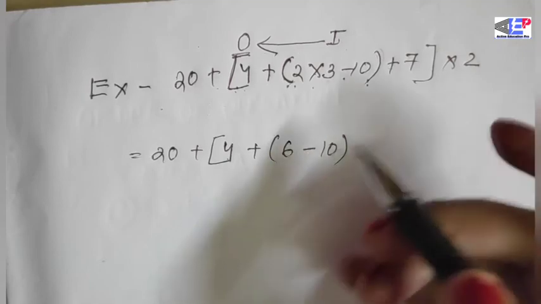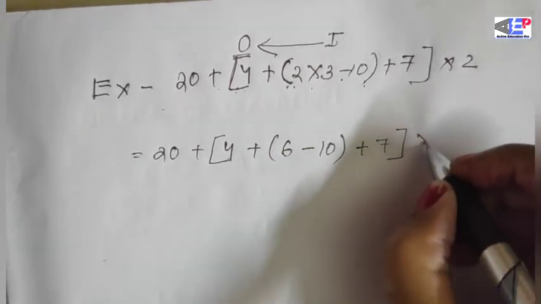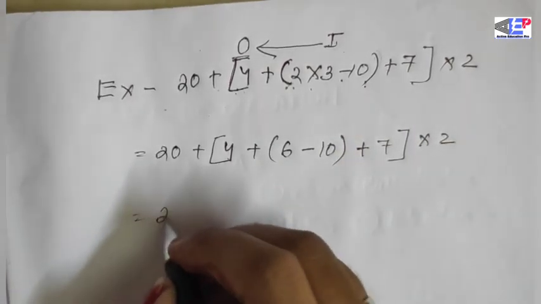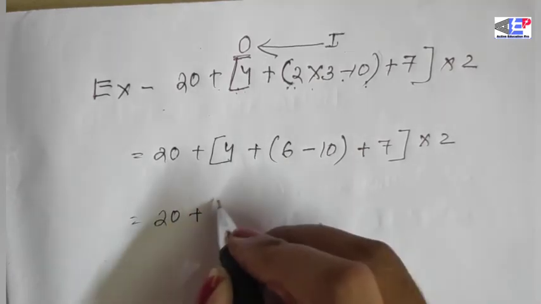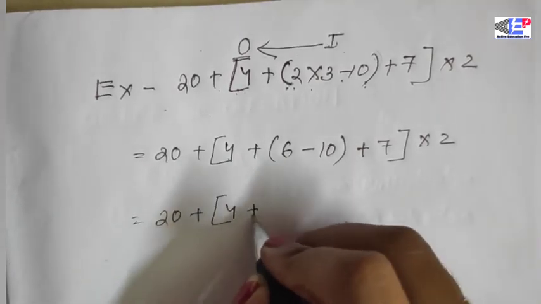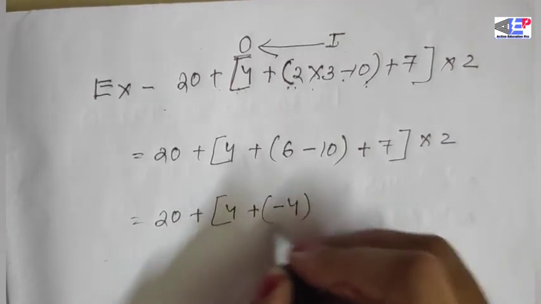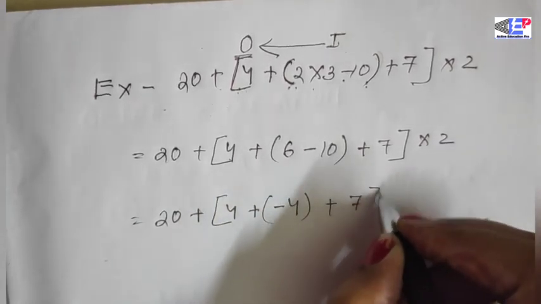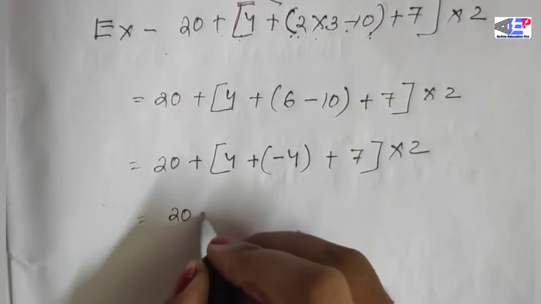This is a subtraction operation. Then plus 7, close the square bracket, and into 2. 20 plus, first remove the bracket, 4 plus 6 minus 10, answer is minus 4, then plus 7, bracket closed, into 2.